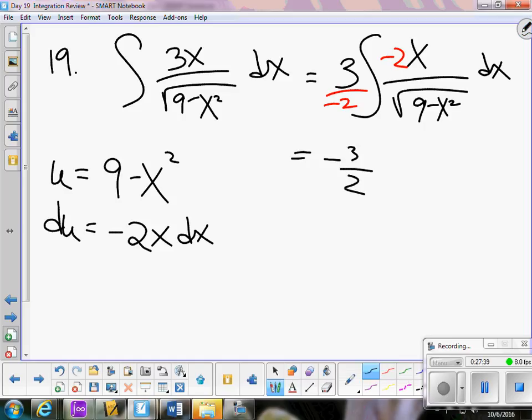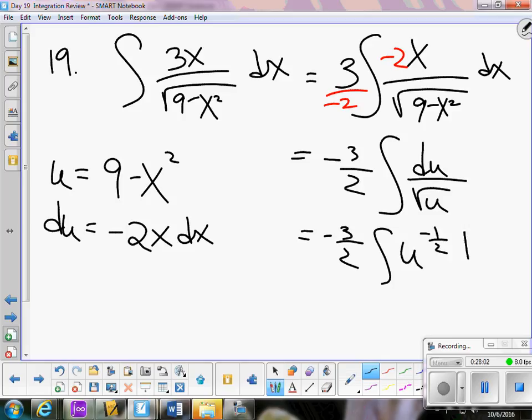It's nice. What does it look like when I rewrite it? du over root u. Gotta think of it as u to the negative a half. Don't tell me that's an ln. If it's not just 1 over u, don't say ln. So u to the negative half.